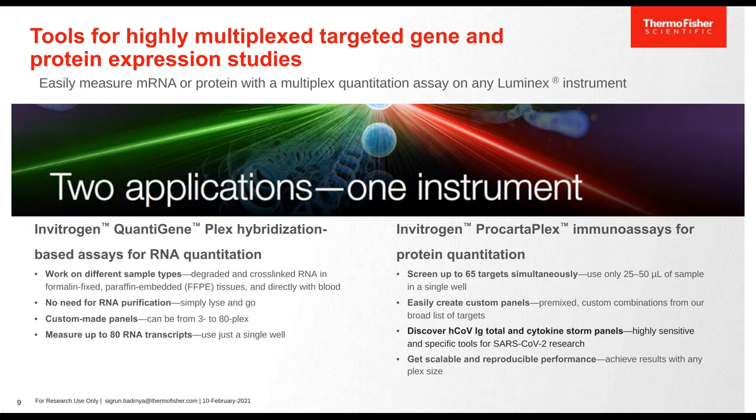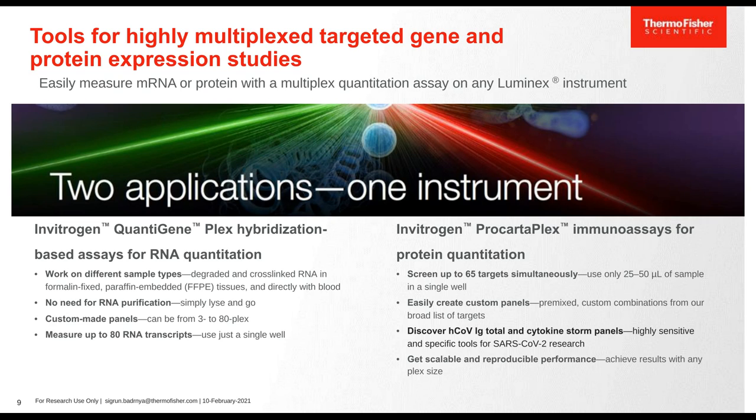While ProcartaPlex immunoassays for protein quantitation enable the simultaneous detection of up to 65 targets in a single sample of plasma, serum, cell culture supernatant, and other bodily fluids, requiring only 25 to 50 microliters of sample material, thus combining the efficiency of multiplexing with the accuracy, sensitivity, and reproducibility of a traditional ELISA.